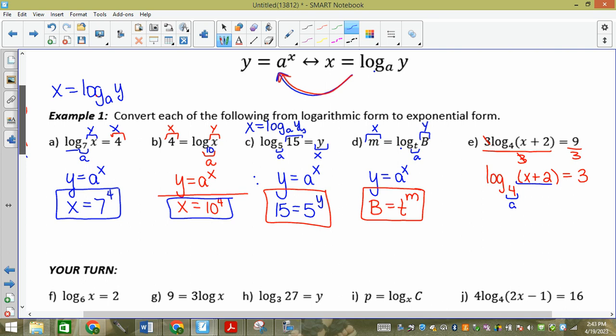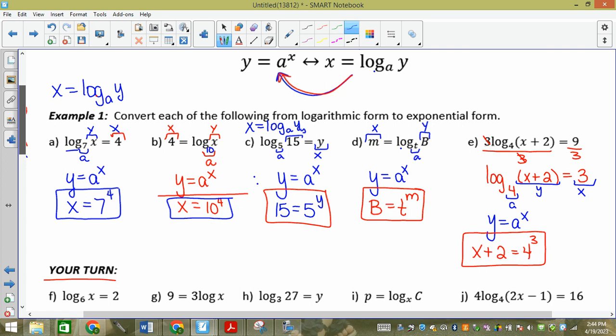What's over here beside the log is? And then what's by itself is? X. And then we're converting it to exponential, so I'm going to have y equals a to the x. So what numbers am I going to get? What's my y? X plus 2, and my a is, and my x is, and I'm done. What's this?